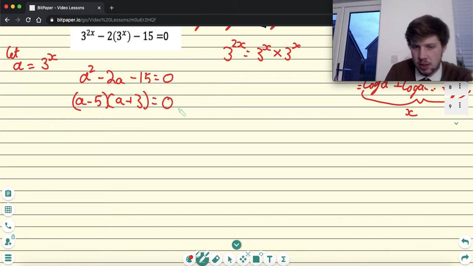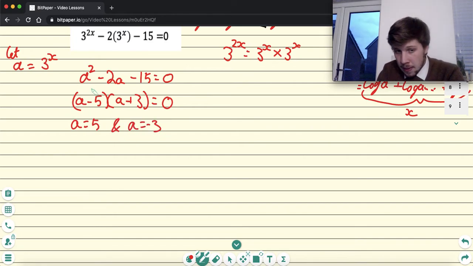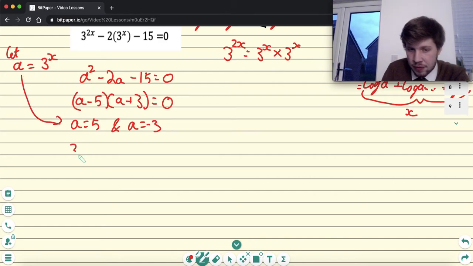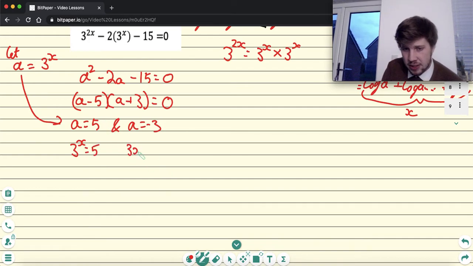So therefore I know that my solutions are a equals 5 and a equals -3, but I also know that a equals 3 to the x. So when I apply this, I end up with 3 to the x equals 5 and 3 to the x equals -3.